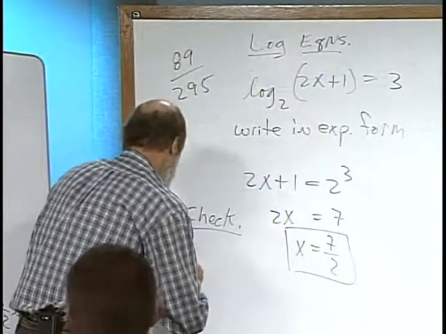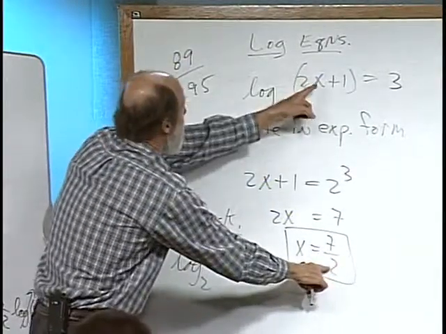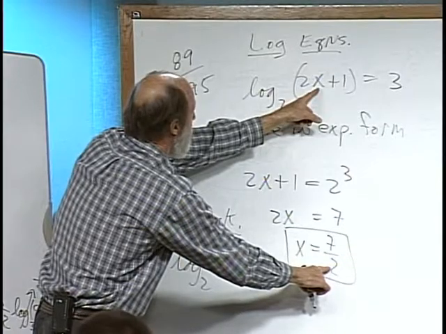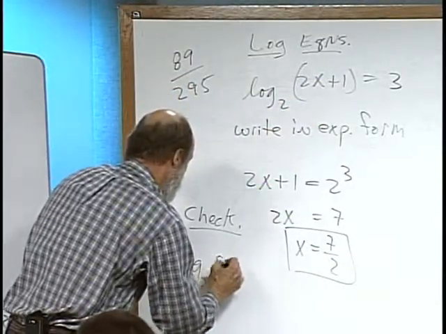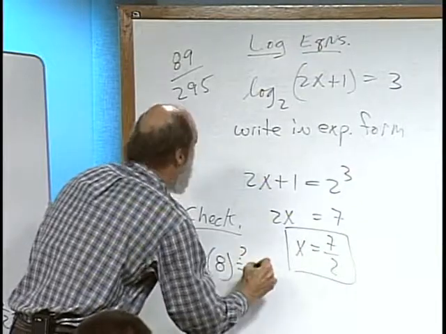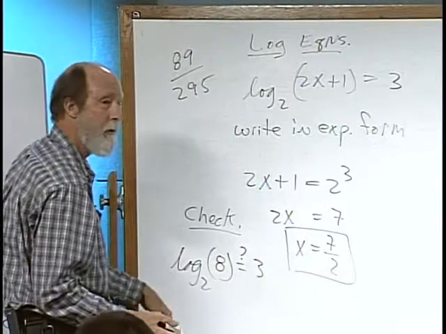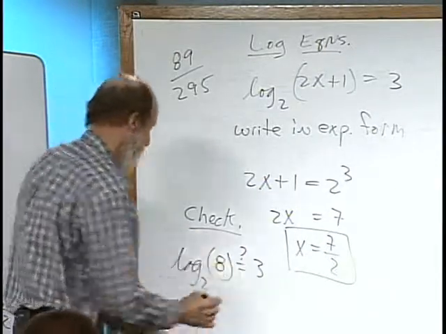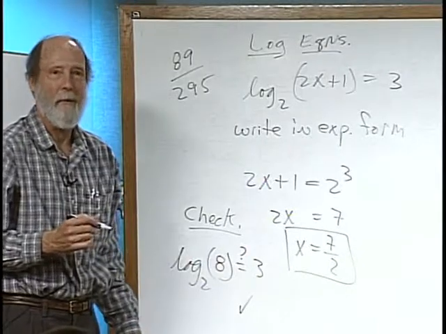So you put that back into the problem and check it. If you put 7 halves in there, that becomes 7, doesn't it? 7 plus 1 is 8, so is the log base 2 of 8 equal to 3? What's the exponent of 2 that gives you 8? Yeah, 3 equals 3. Checks. That simple.